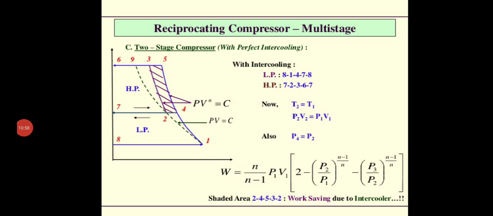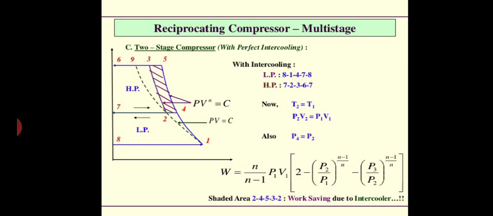Now we have derived the work done formula for perfect intercooling. With intercooling, for the low pressure cylinder we have shown the area 8 to 1, 1 to 4, 4 to 7, 7 to 8, and for the high pressure cylinder the area 7 to 2, 2 to 3, 3 to 6, 6 to 7. We know that T2 is equal to T1 and P2 V2 is equal to P1 V1.